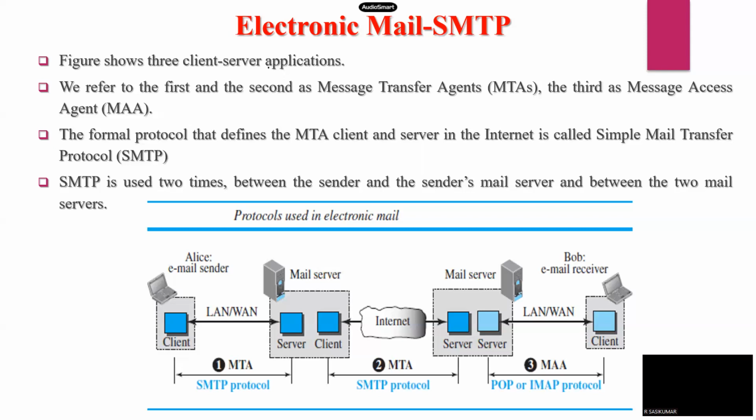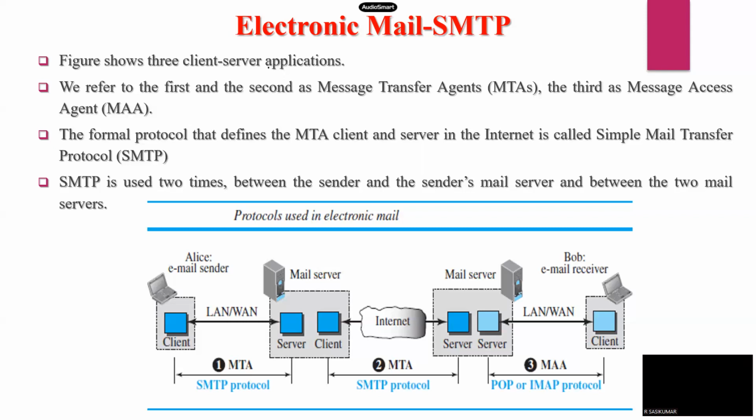The sender Alias has to send the message to the local server, so the sender machine has to connect to the local mail server, which has the client. Via the internet, that message will be communicated to the remote server, that is a mail server. Between the mail servers we have server to server communication.